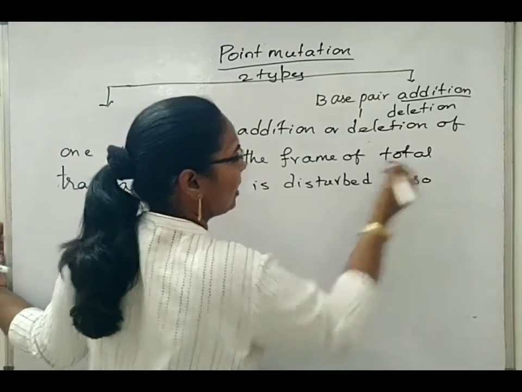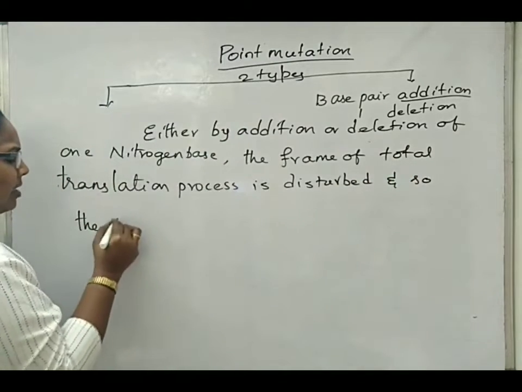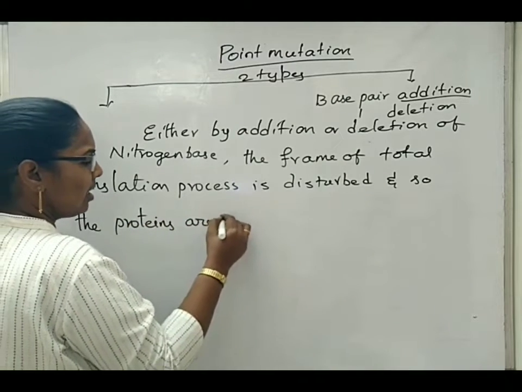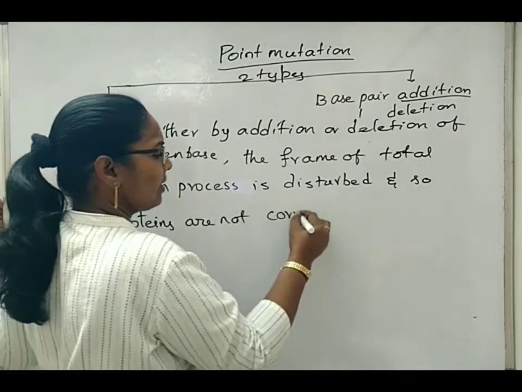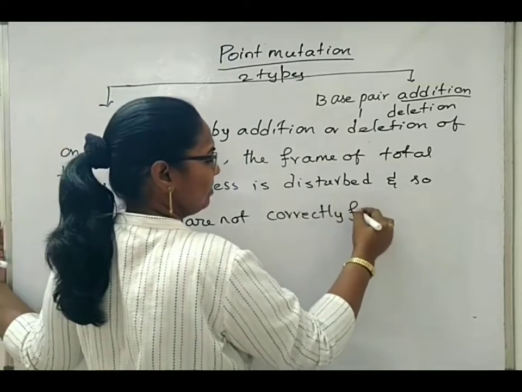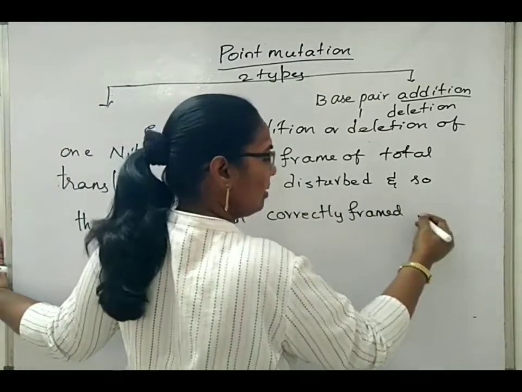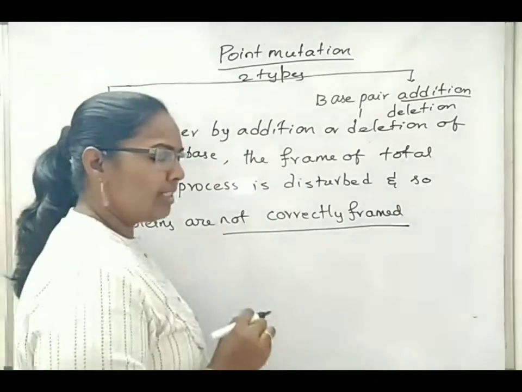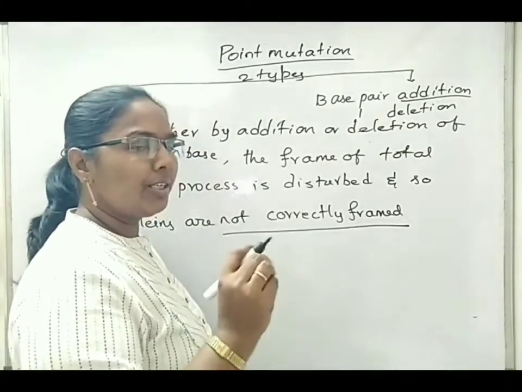And so what happens? The proteins are not formed up to the mark. Proteins are not correctly framed. What does this not correctly framed mean? It means that the total protein structure will be lost.